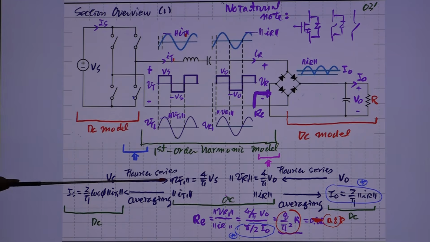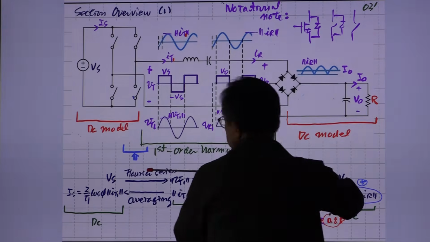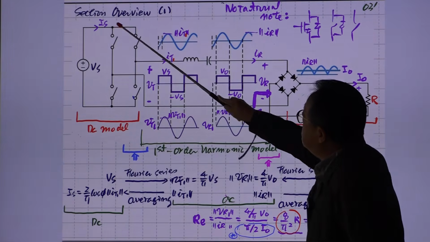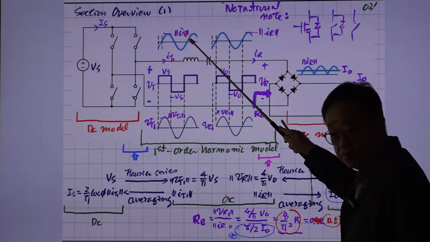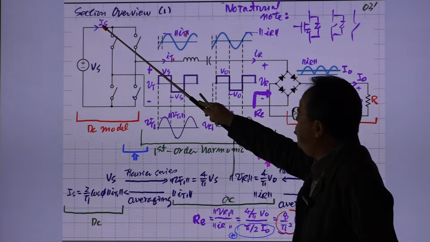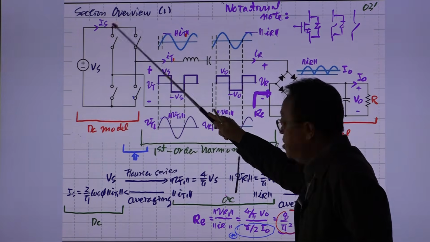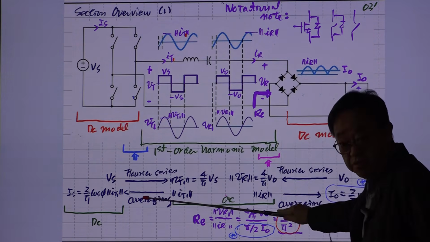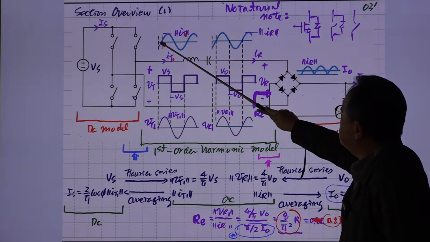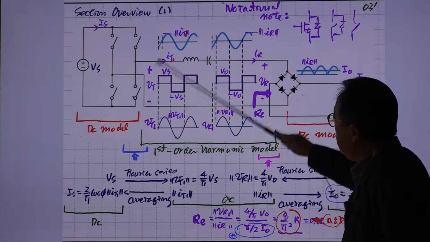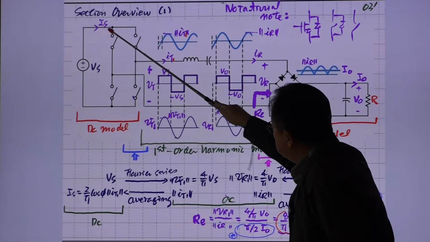This is the relationship from DC to AC, and the relationship from AC to DC concerns the current component. This is the magnitude of the fundamental component of the tank current, and this is the average current, which is DC. So the relationship is just an averaging process. We proved this. This is the magnitude of the fundamental component of tank current, and this is the average value of current flowing through this.